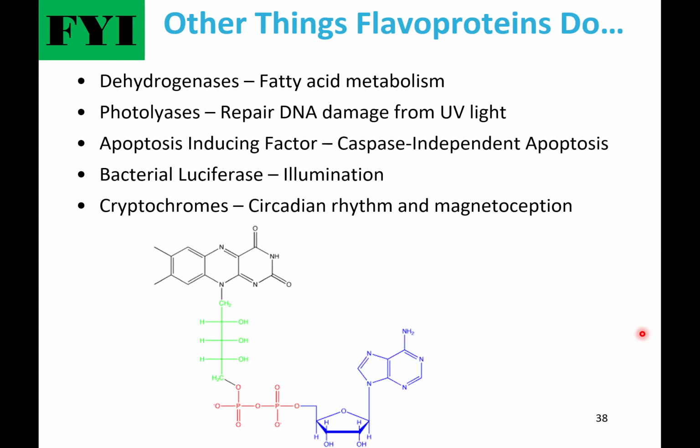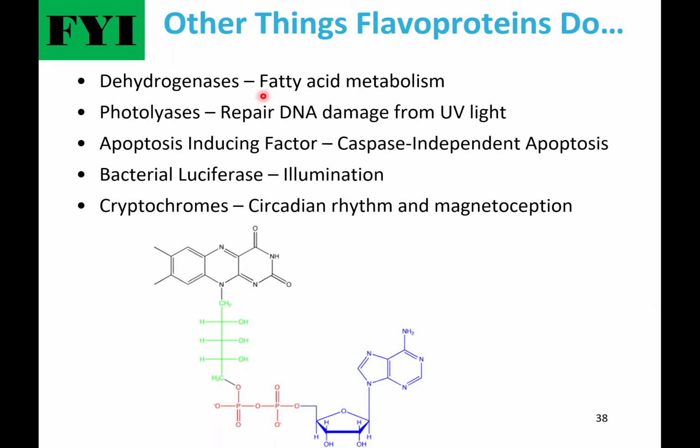Flavins are actually kind of cool. The reason I show a little bit more of this is because I have some experience researching flavoproteins, but there are some other things besides metabolism and electron transferring that flavoproteins do.